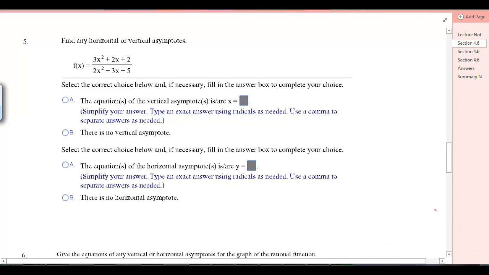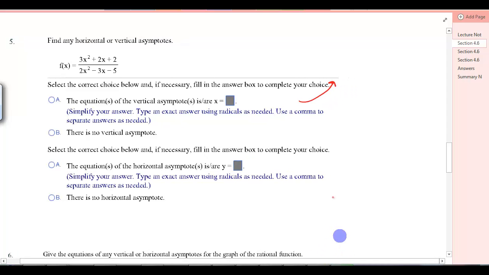All right, so we're going to do the same thing on number 5. We'll take the bottom and set it equal to 0. We're going to factor that. So a 2x and an x. We need a 5 and a 1.